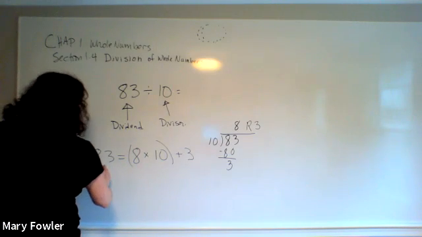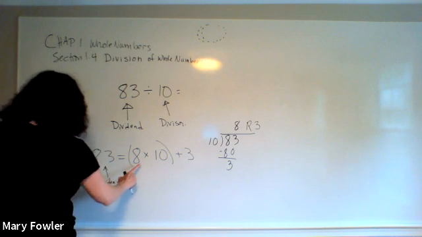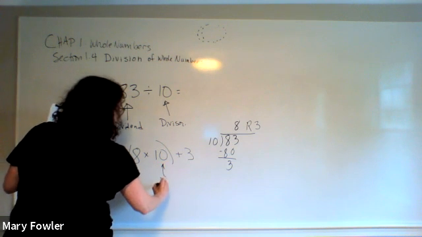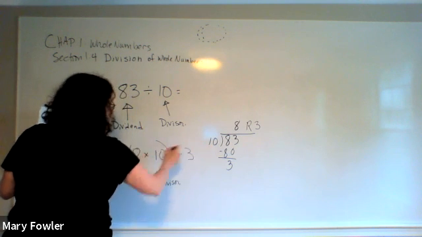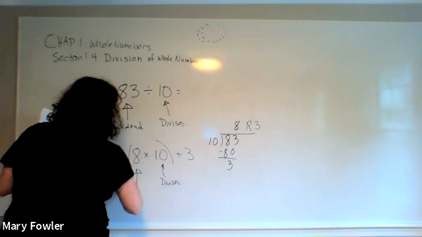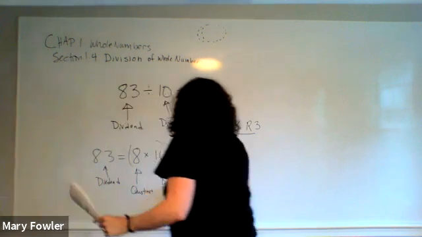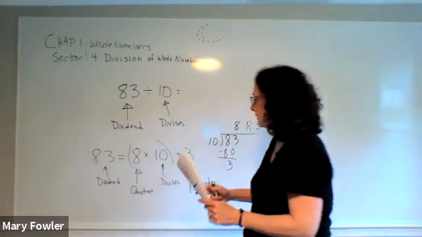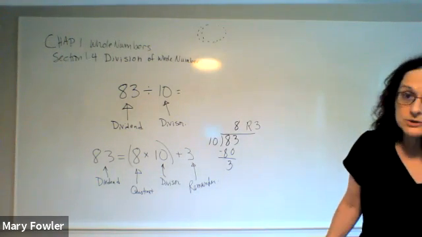So this is my dividend. 10 is my divisor, right? Because it was the thing that was sitting out here. 8 is my quotient. And 3 is my remainder. Okay, so 83 is the quotient times the divisor plus the remainder.